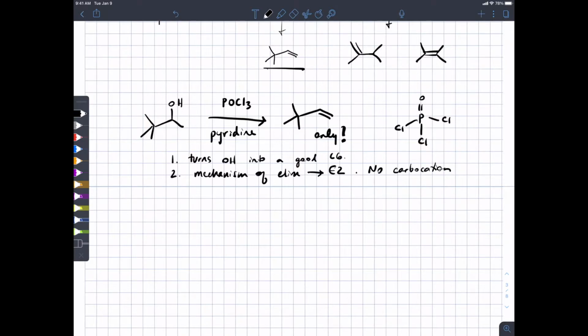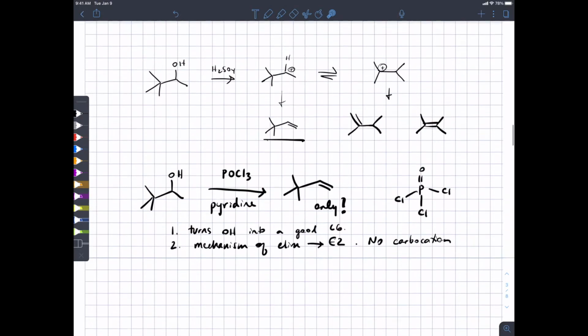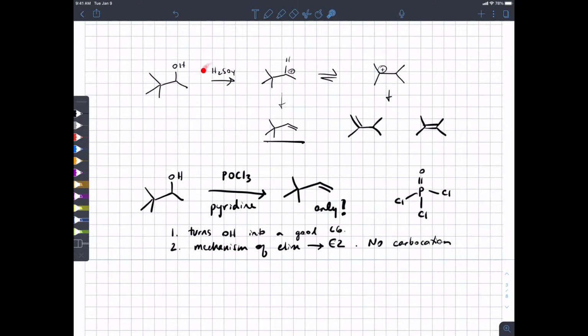It's also very similar to the SOCl2 mechanism, so I don't feel like it's worth spending a lot of time on. But notice that this is an alternative strategy if you don't want to do dehydration reactions in strong acid. And there are some other strategies that people use to do dehydration reactions, though I think this is what we'll stick with for now.